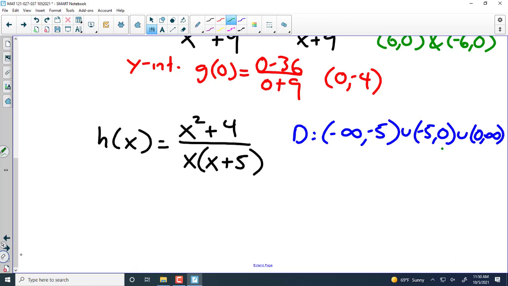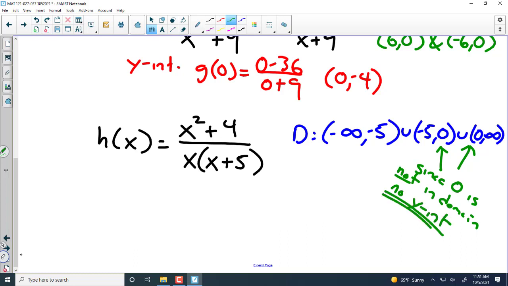But since 0 is not in the domain, that means this graph has no y-intercept. If 0 is not in your domain, you can't have a y-intercept, because you're not allowed to plug 0 into the function. What actually happens is, it's one of our vertical asymptotes. So we don't ever actually touch the y-axis. That's okay. It's okay to have no y-intercept. This one doesn't have one.